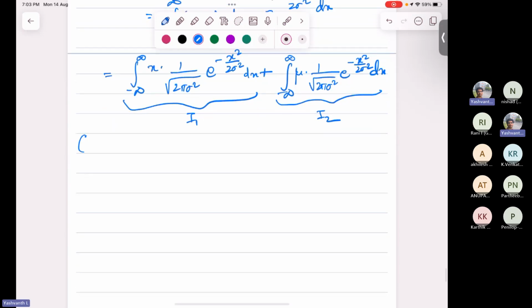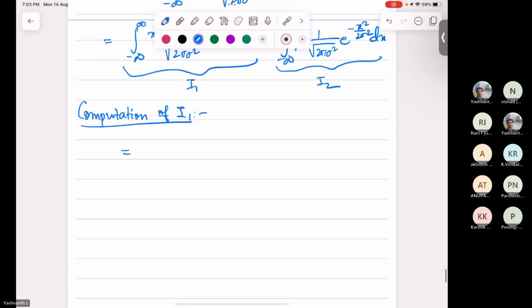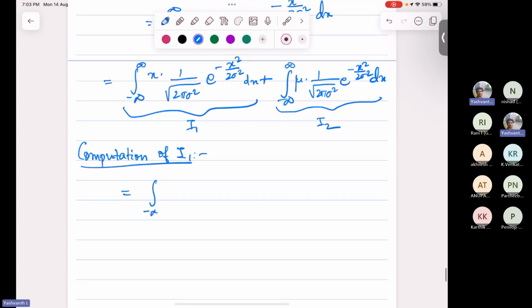So let's do computation of the first integral. This is given by minus infinity to plus infinity x into 1 by under root 2 pi sigma square e raised to minus x square by 2 sigma square dx.